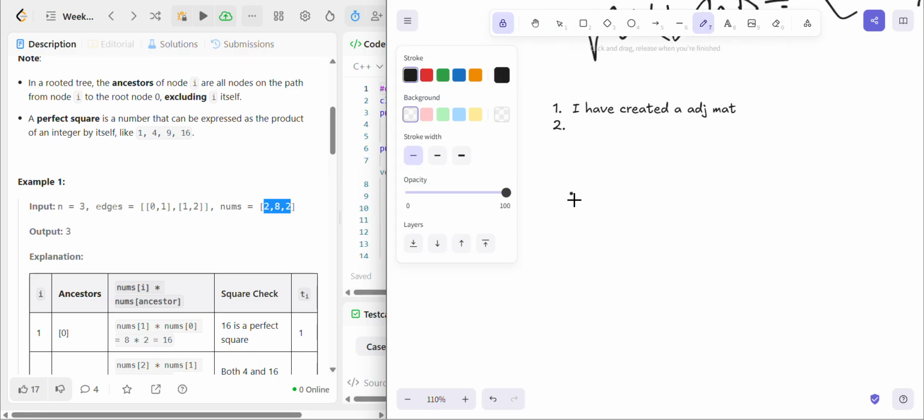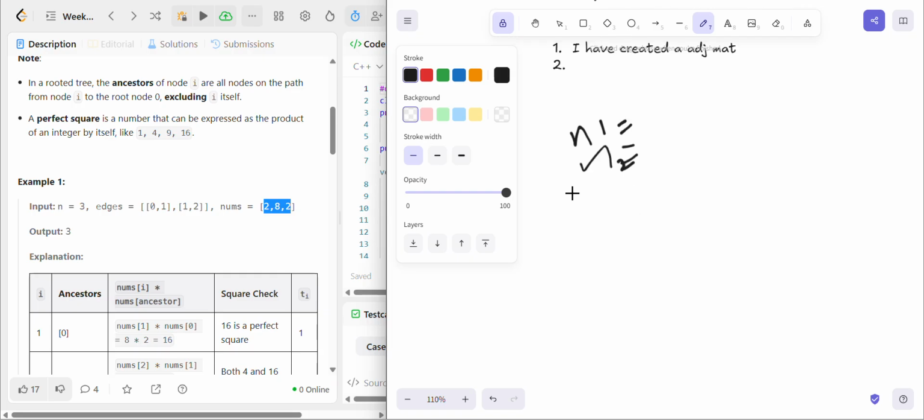This is the approach. Let n1 be something and n2 be something, and the product gives us a perfect square n, right? So n should be a perfect square, so it should be under a square root, and here will be n1 and n2.